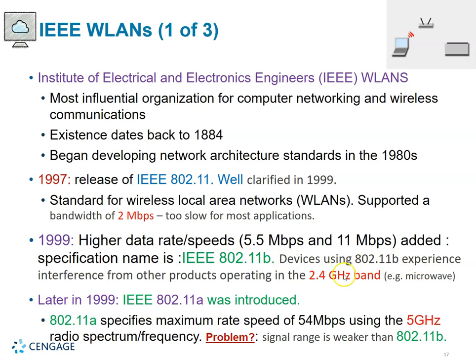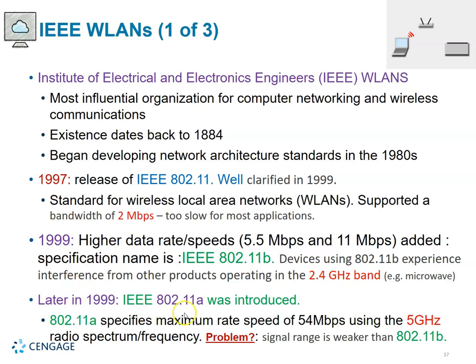Devices that use this experience interference from other products that are in the 2.4 gigahertz band. I mentioned in the previous screencast that your microwave oven can transmit a radio frequency in that same range and interfere with your wireless connectivity.